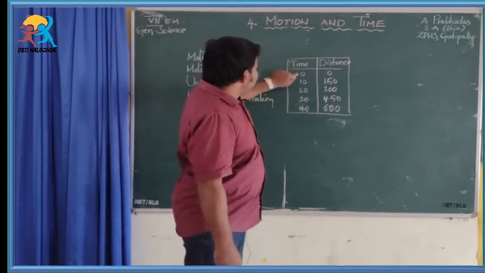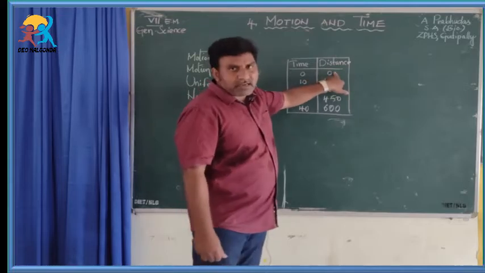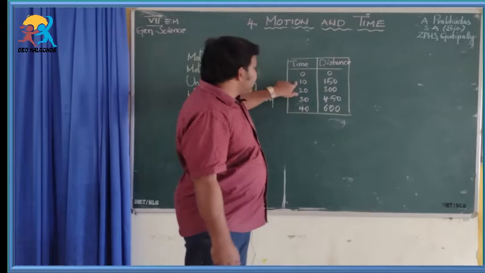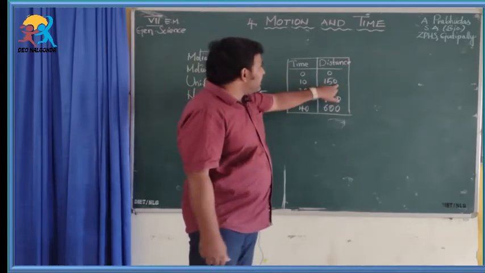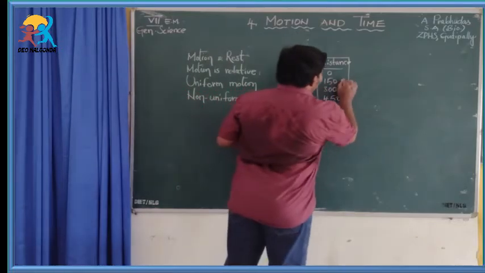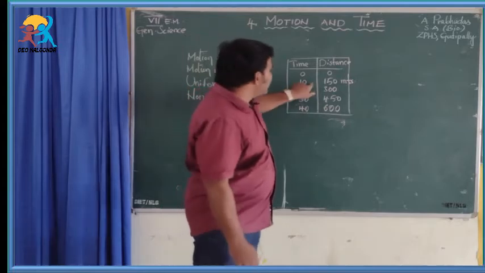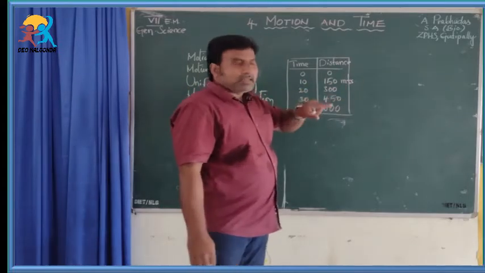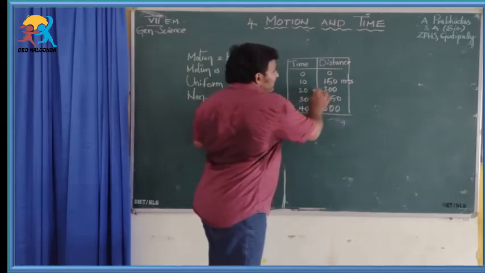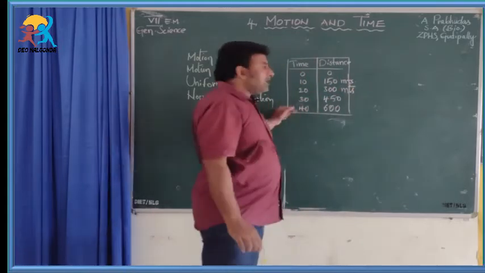See, at 0 seconds of time the distance travelled by the car is 0, which means it is at rest. After 10 seconds the car has moved to a distance of 150 meters. Again after 10 seconds the car has moved to a distance of 300 meters, so the difference is 150 meters.